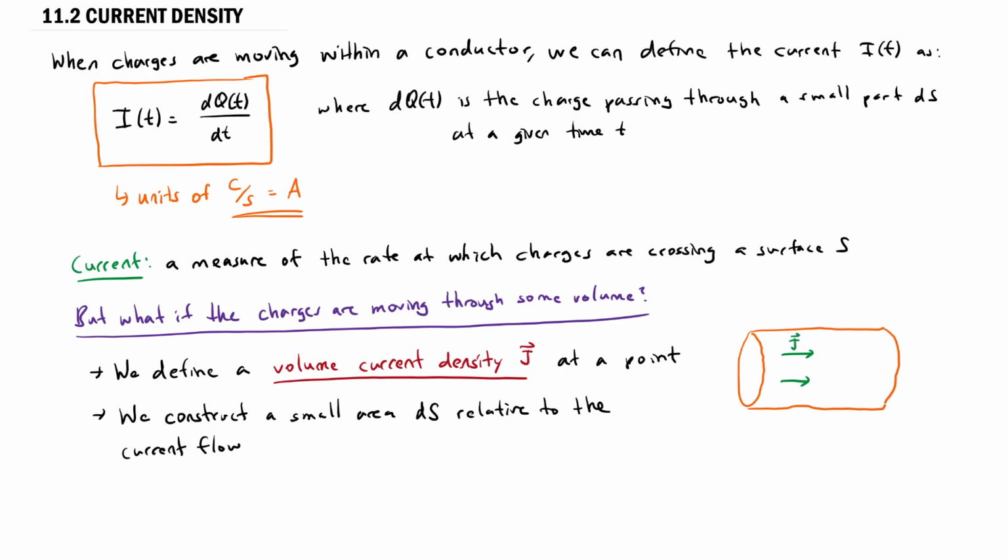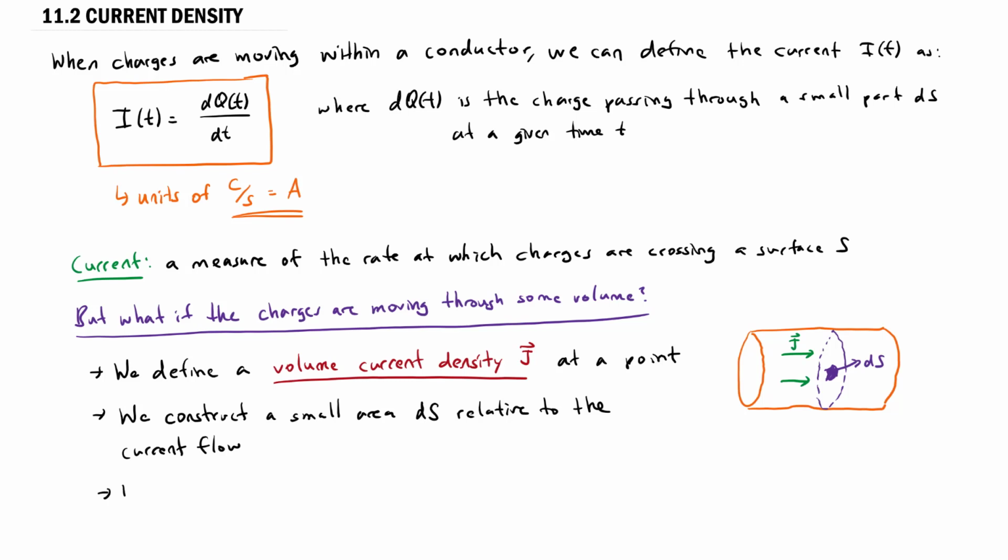So we've defined a volume current density J at a point. The next thing, we construct a small area ds relative to the current flow. So first, I can have my ds being exactly perfectly perpendicular to the flow of current, or my ds can be not exactly perpendicular, but somewhat slanted. So we can call this ds. That's just like a part of a curved surface.